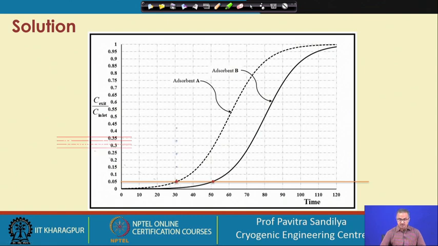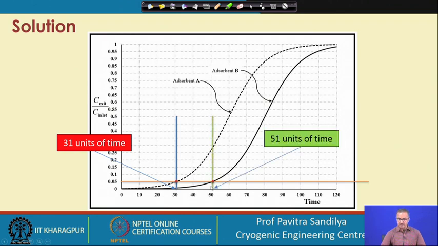Looking at the breakthrough time, we find that for adsorbent A this is about 31 units of time, and for adsorbent B it is about 51 units of time.